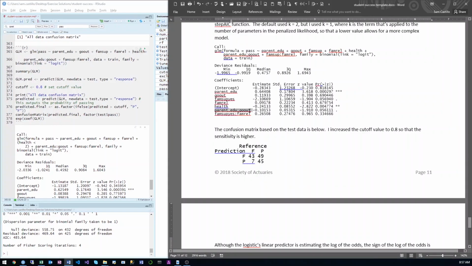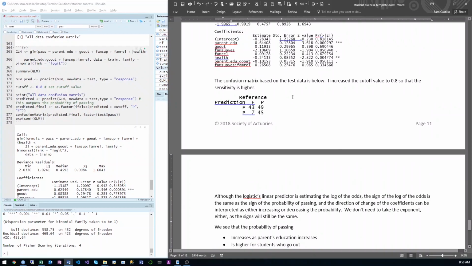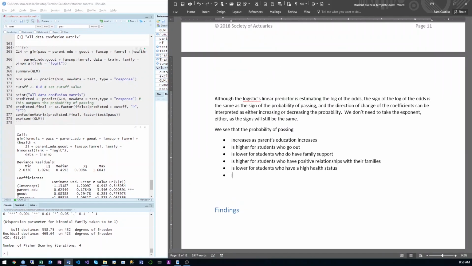Parent education and go out. So for students with parents that have a high education level, they can still fail if they go out too frequently.